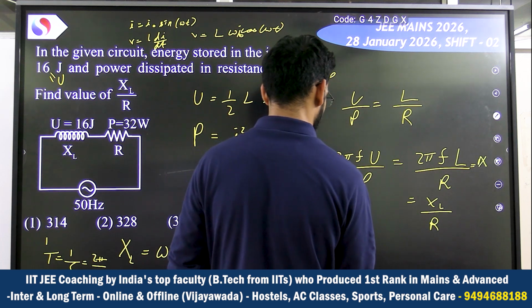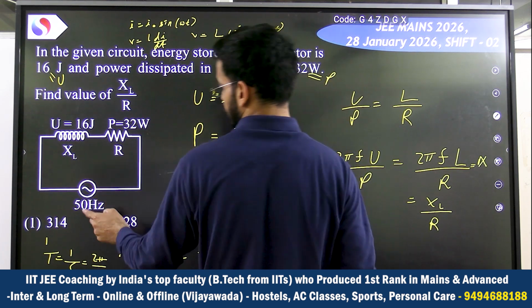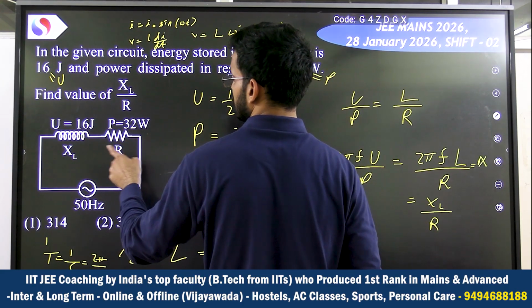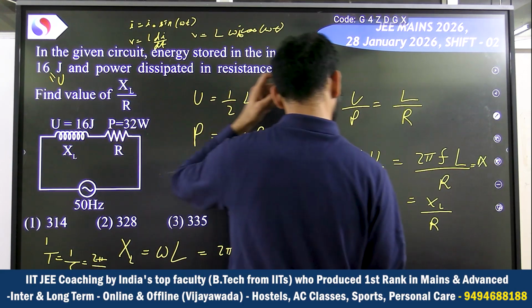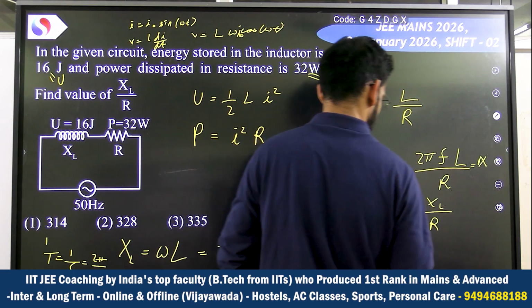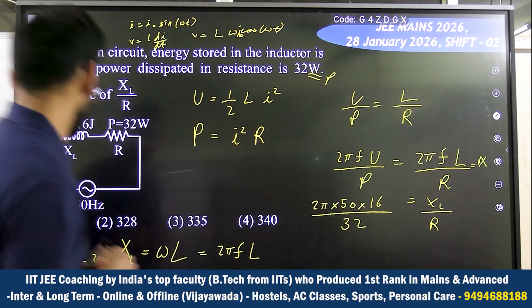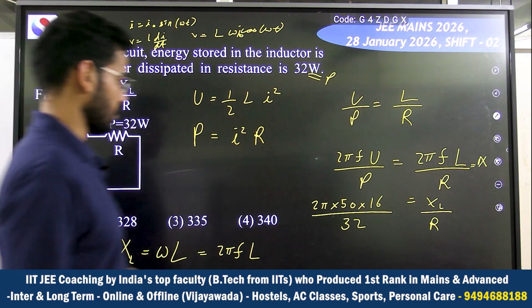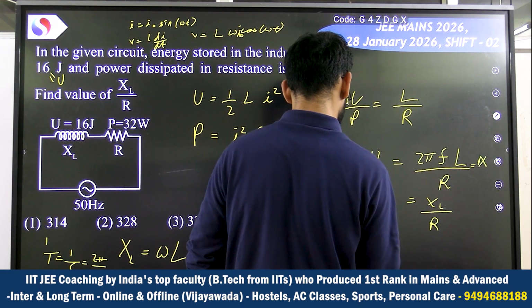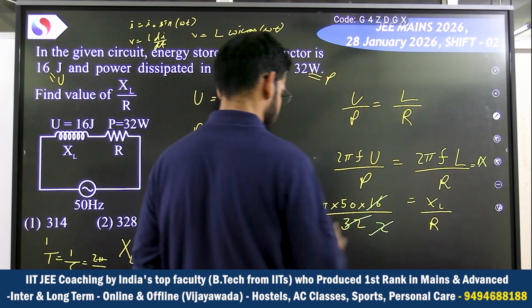So 2 pi into f, f is given as 50 here, into U, where U is 16 joule, and P is power 32. This is the value you want to get. If we solve it, 16 and 2 cancel out, 50 into pi.